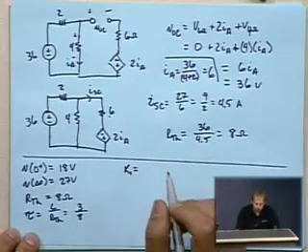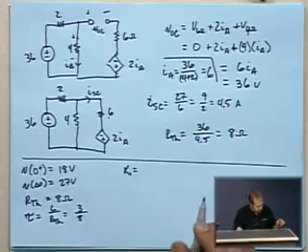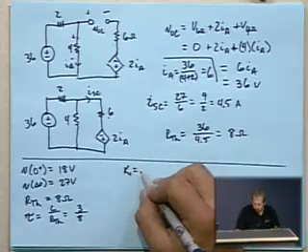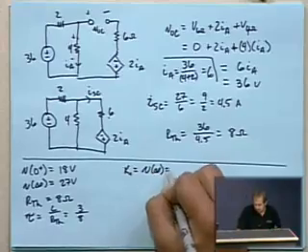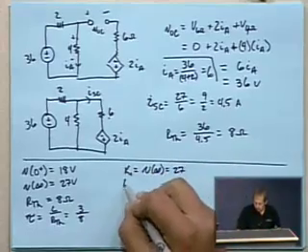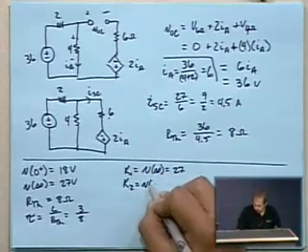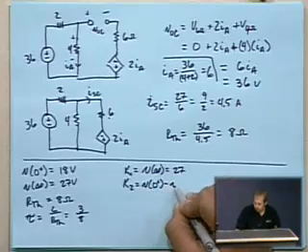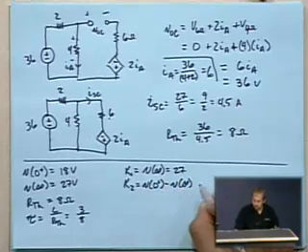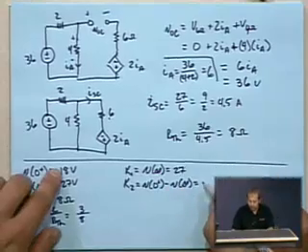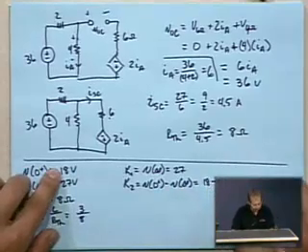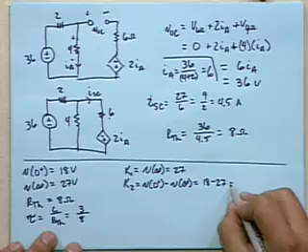K1 just equals the V of infinity, which is 27. K2 equals V of 0 plus minus V of infinity. So that is 18 minus 27, or negative 9.